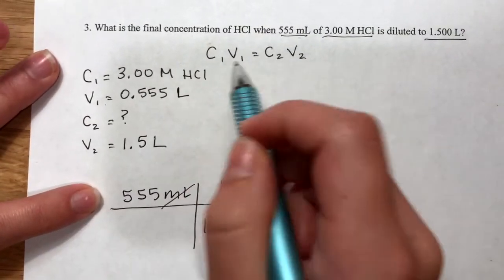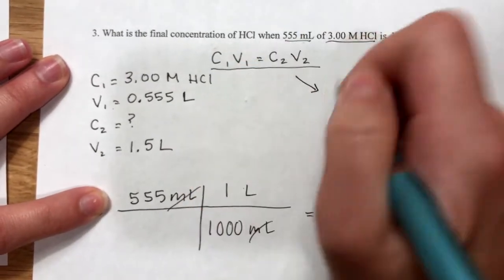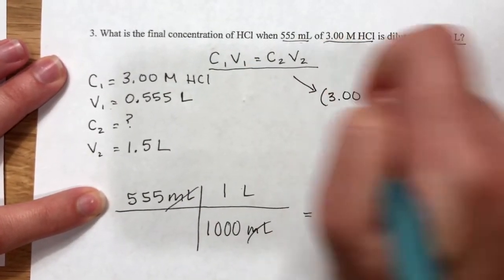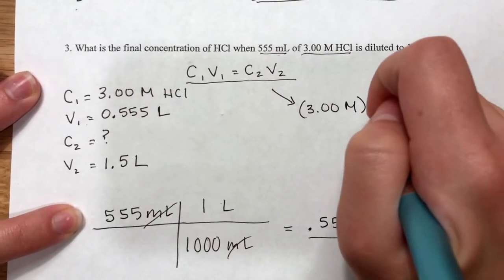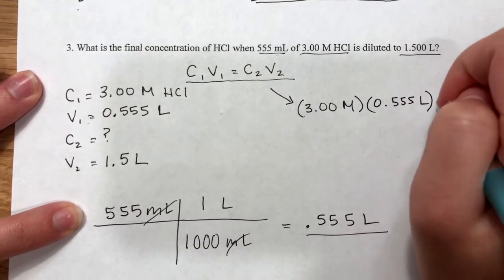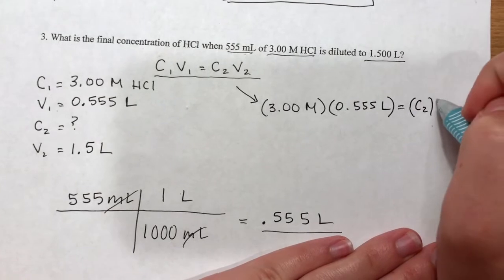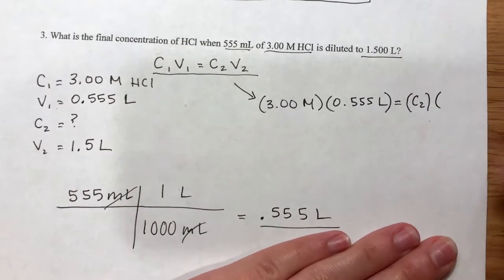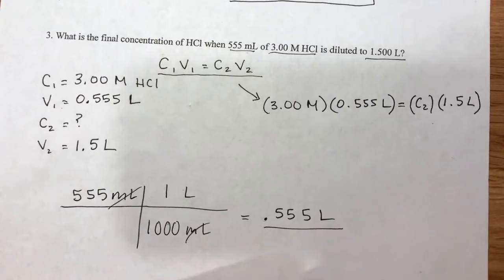So using that, we plug it into the dilution equation. C1, 3 molarity, volume 1, 0.55 liters, is equal to our C2, which we're looking for, times the volume 2, which is 1.5 liters.